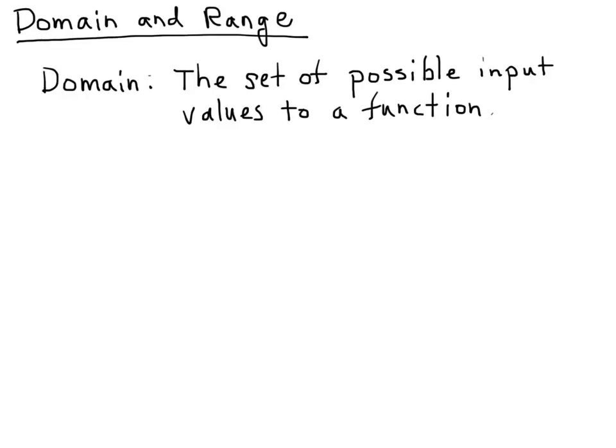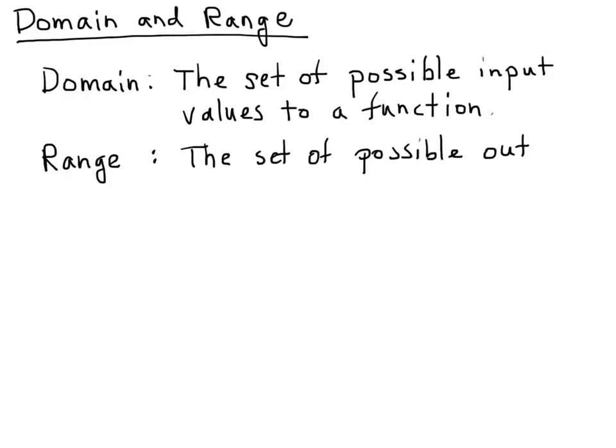Domain is an unusual enough word where that's an easy enough definition to make. That's the set of all input values in a function. Now, it's easy to talk about range, and earlier today I used the word range, but not in this sense. The range when we're talking about domains is the set of all possible outputs.